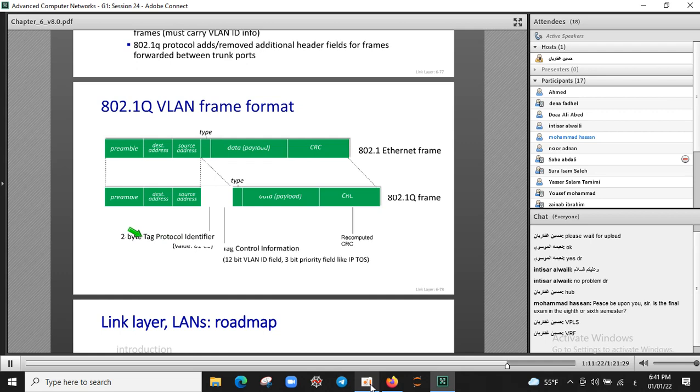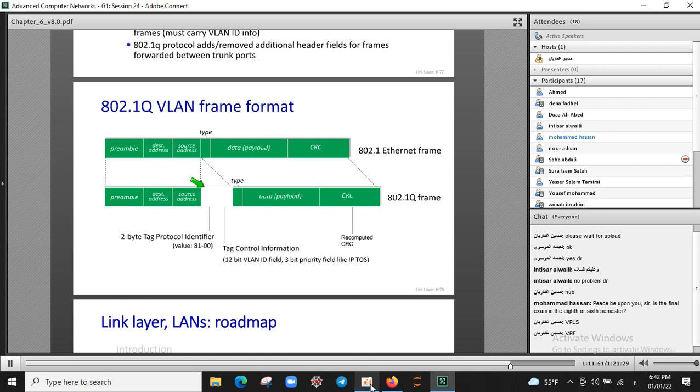The 2 bytes are the tag protocol identifier, plus 16 bits of tag control information: 12 of that is the VLAN ID, 1 bit is for something else, and 3 bits are for priority, something like the type of service bits in IP.